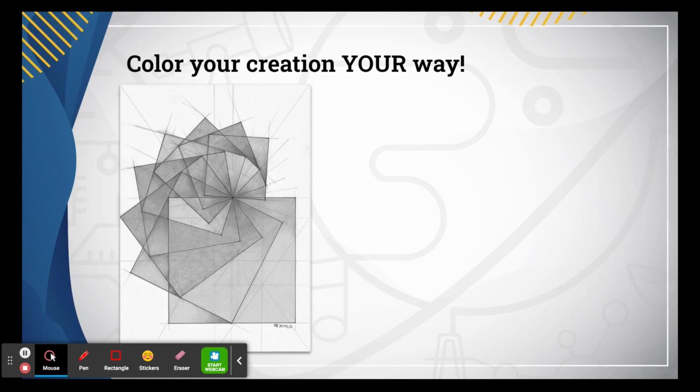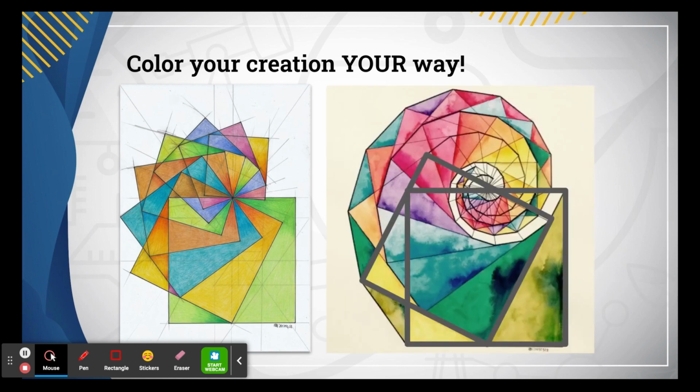Right now, you just have it all traced out in black and white, and you can choose whatever you would like to color a pattern. So you can just go ahead and color it in whatever geometric shapes you find, or you can emphasize the fact that there's a spiral going on there and call that out. It's up to you how you would like to create your colors.